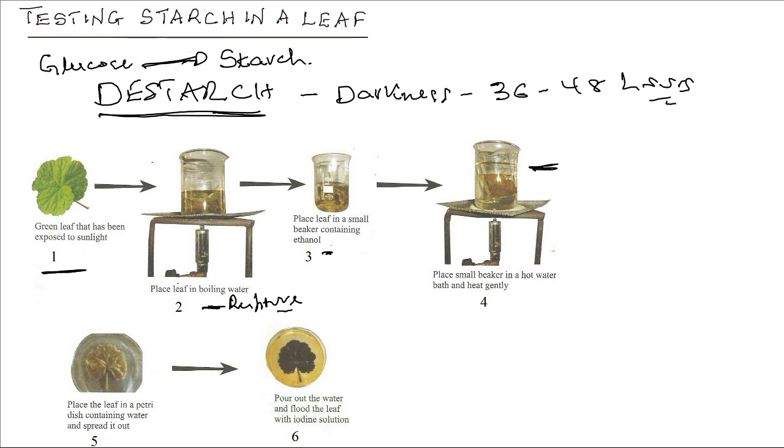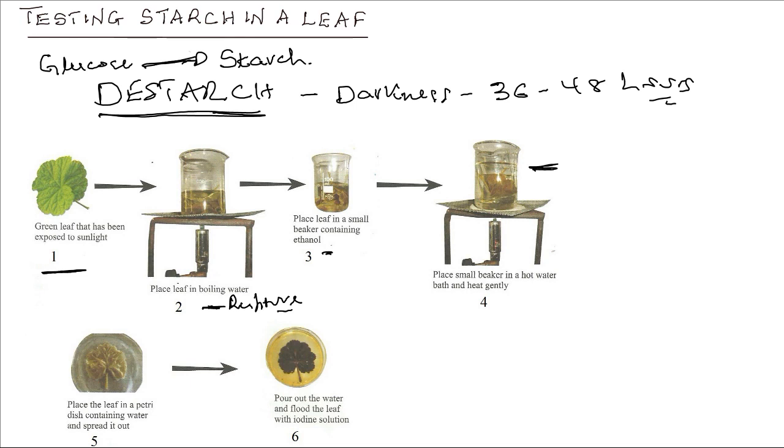The heating lasts for about 5 minutes, and during this time chlorophyll molecules will be extracted from the leaf. The extraction is important because the presence of chlorophyll molecules would obscure a positive test for starch. So it is important that you remove the coloring pigment, that is the chlorophyll, from the leaf.